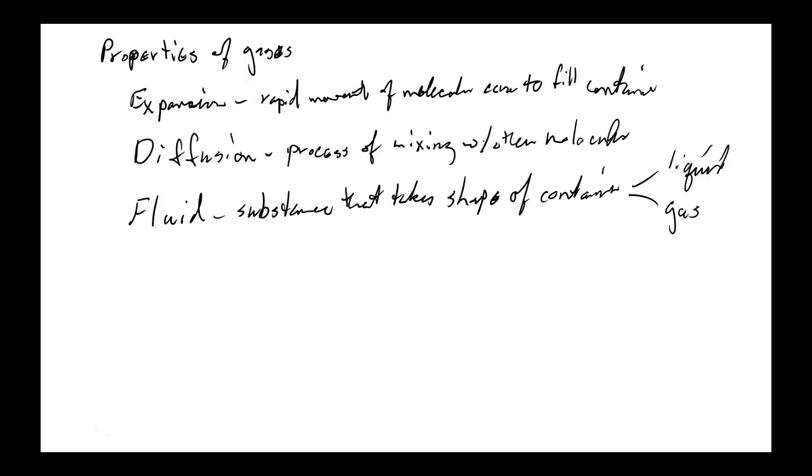All right. Now, because it's so important, we're going to devote an entire section here to one property, and that's going to be the one that occupies the rest of the chapter. And that is the property of density. So I think I'll start a new page on this one. Density.